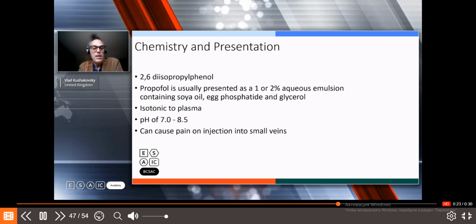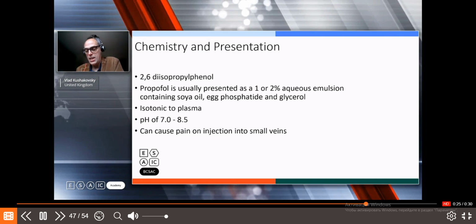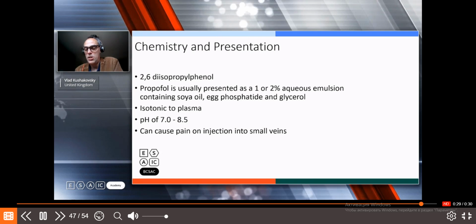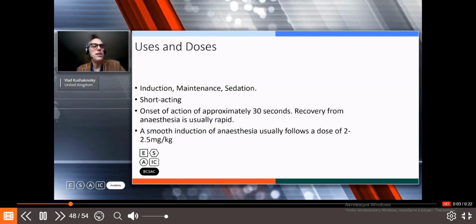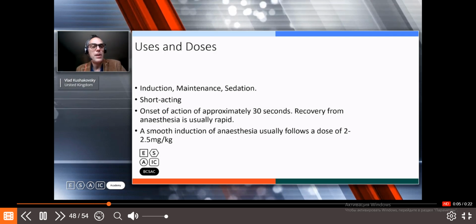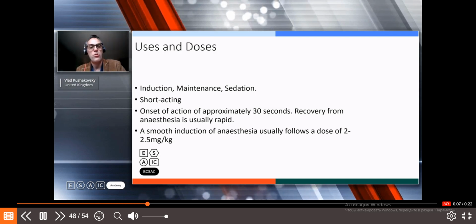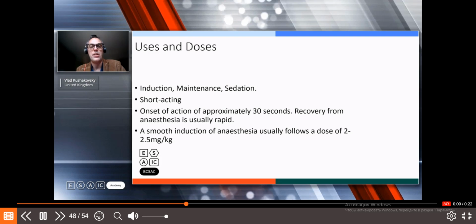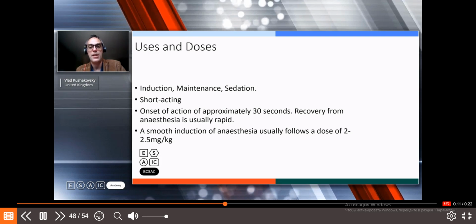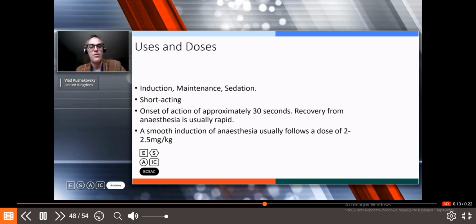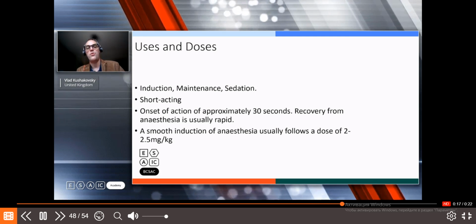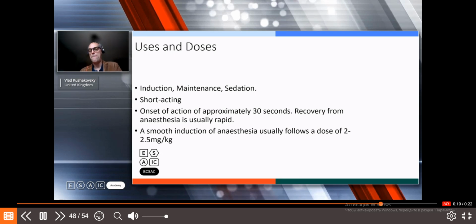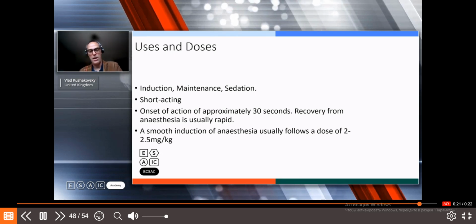It can cause pain on injection into small veins, but some newer formulations minimize this issue. Uses and doses: induction, maintenance, and sedation. It is very short acting. Onset of action is approximately 30 seconds, and recovery from anesthesia is usually quite rapid. The smooth induction of anesthesia usually follows a dose of 2 to 2.5 milligrams per kilogram.